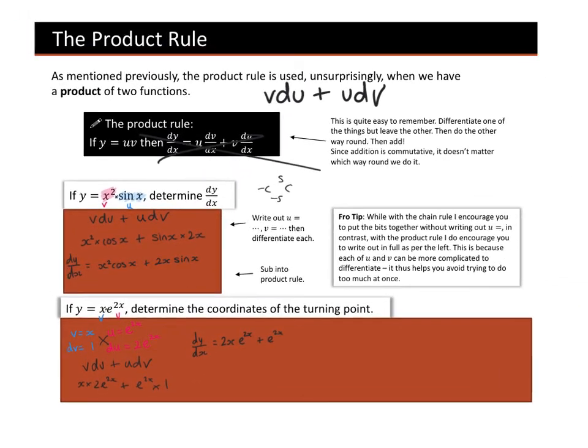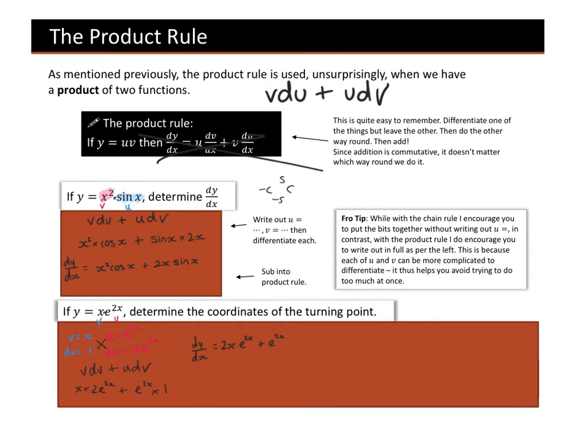Okay. The question actually says, determine the coordinates of the turning points. The turning points is the maximum or minimum points. Maximum or minimum, we should always have this in our head, only happens when the gradient function equals 0. You talk about stationary points, maximum, minimum points, anything like that, always you should think gradient 0.